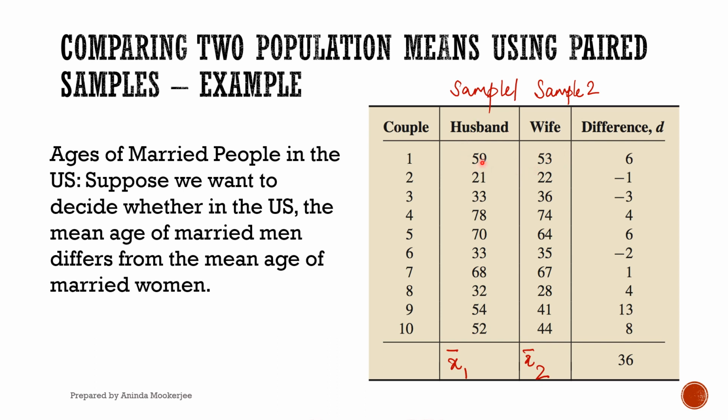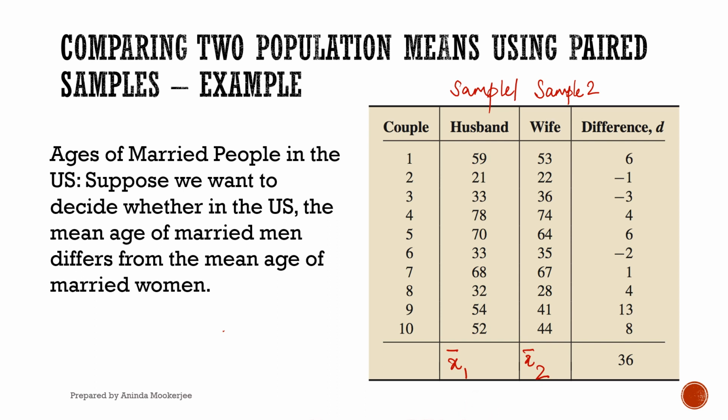So 59 minus 53, 21 minus 22, 33 minus 36, and calculate the difference. That will give us the difference in the ages, and we list them in a separate column. Let me repeat this.